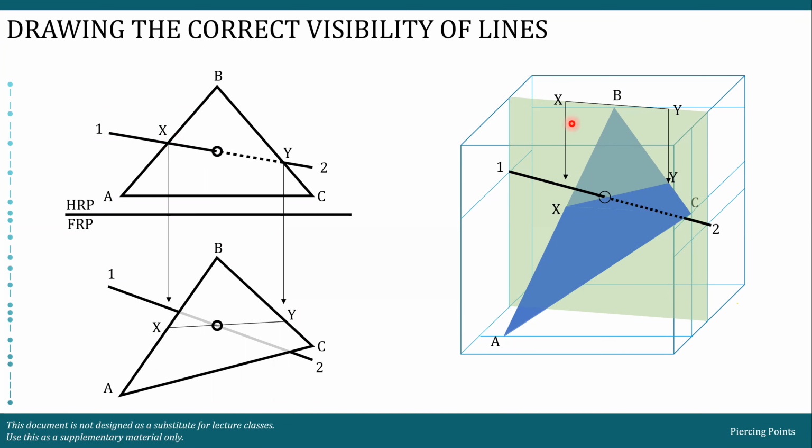Sir, to check the visibility po on a view, i-check po siya on the adjacent view. Ipo-project mo yung point of intersection dun sa kabilang view to check kung ano yung unang matatamaan ng projection line. Okay, Vince?